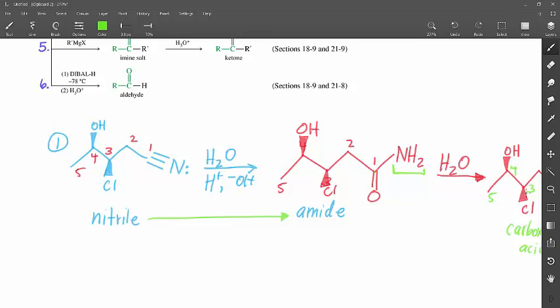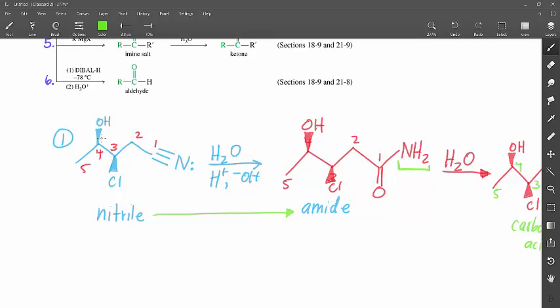What is the name of this nitrile? Well, we have 1, 2, 3, 4.